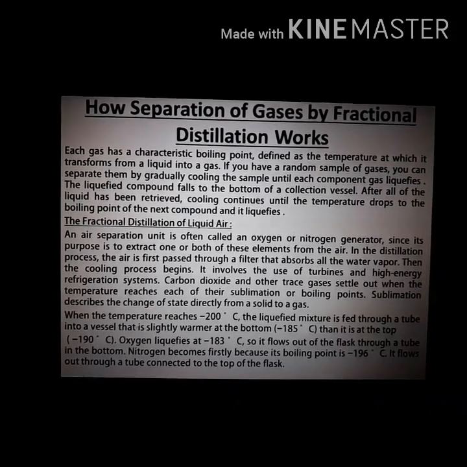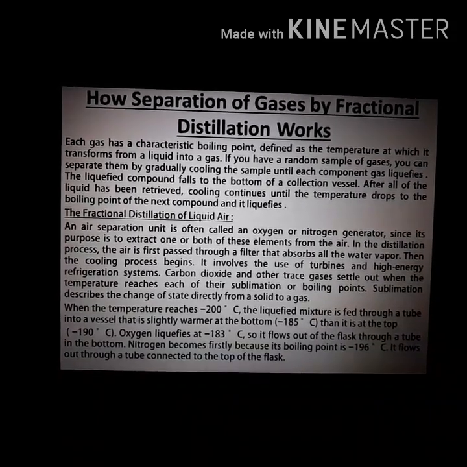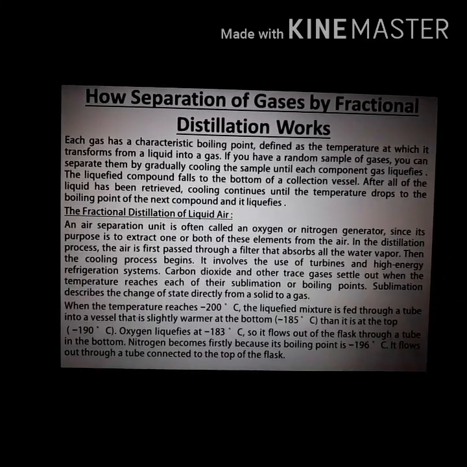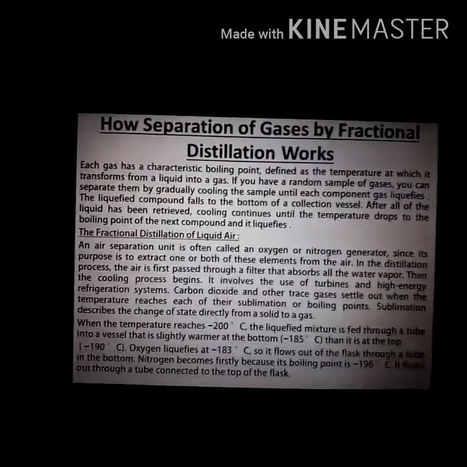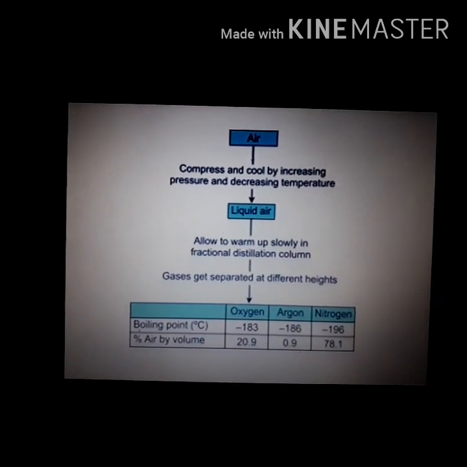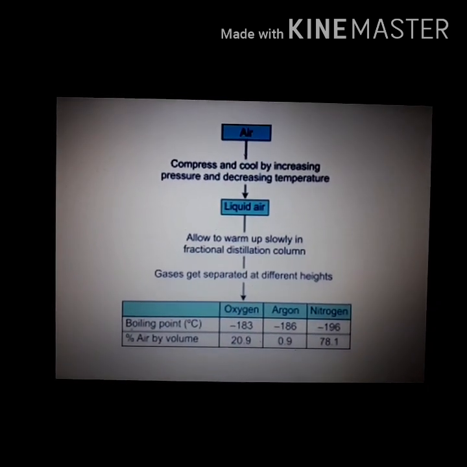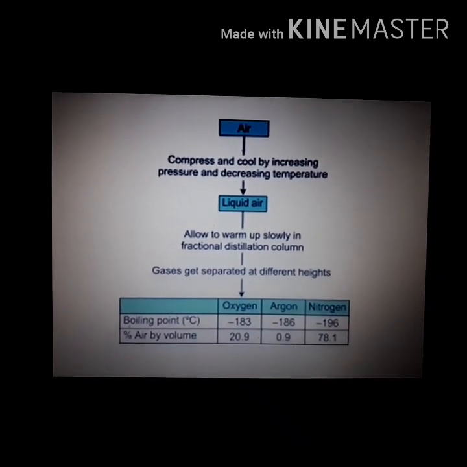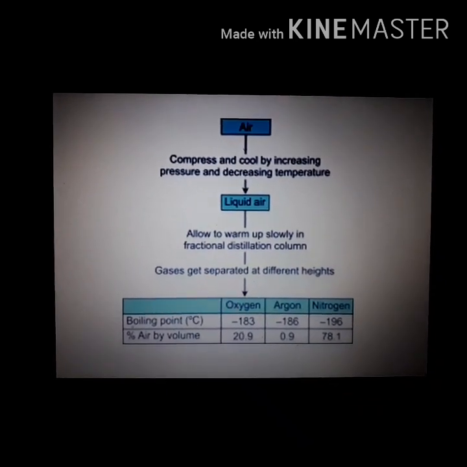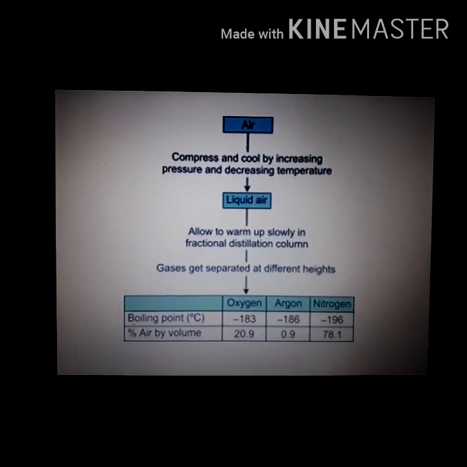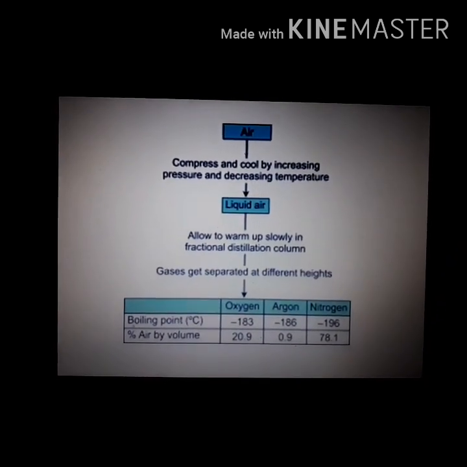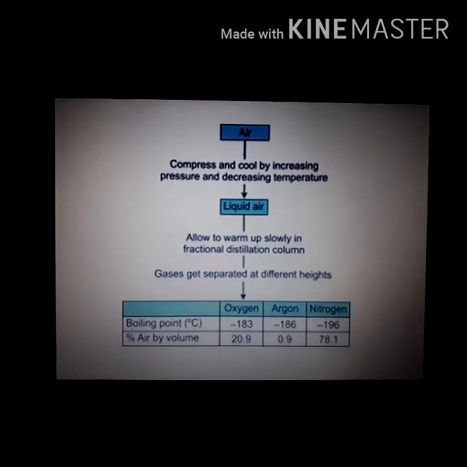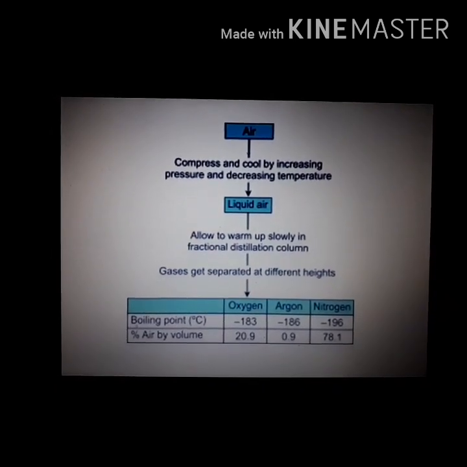Then nitrogen, which is formed at a temperature of minus 196 degrees Celsius, flows out through the tube connected to the top of the flask. Now you will see in this diagram what it is saying. It simply concludes that the air present in the atmosphere is firstly compressed and cooled by increasing pressure and decreasing temperature. Then it forms liquid air, which is allowed to warm up slowly in the fractional distillation column.